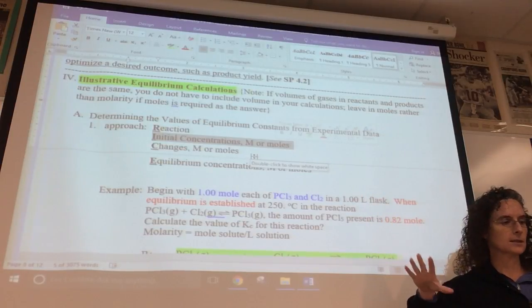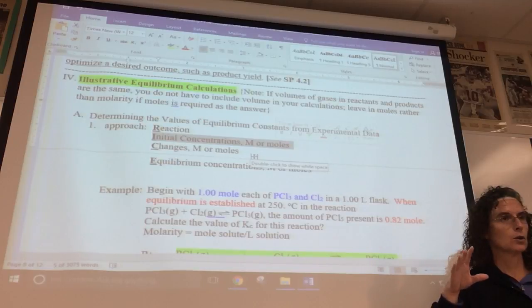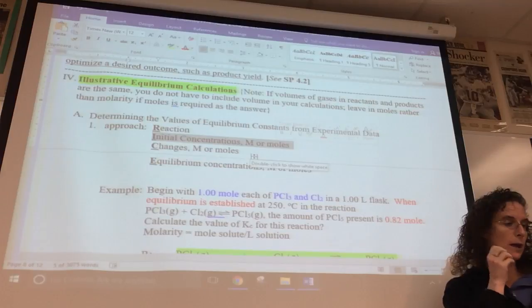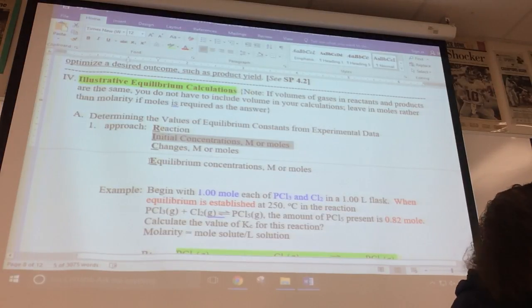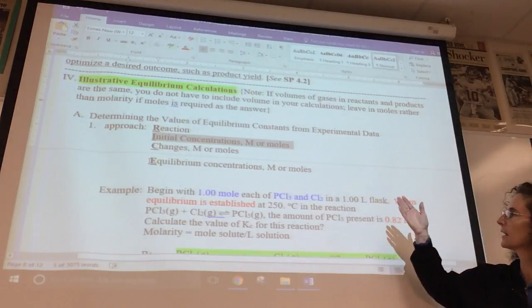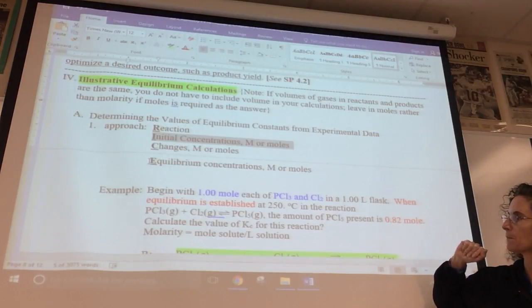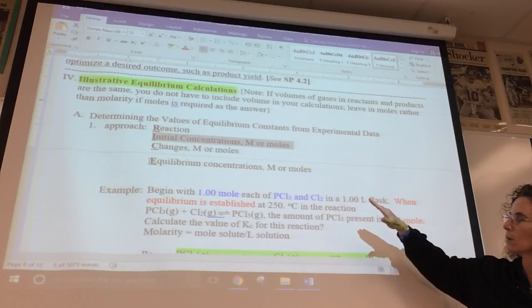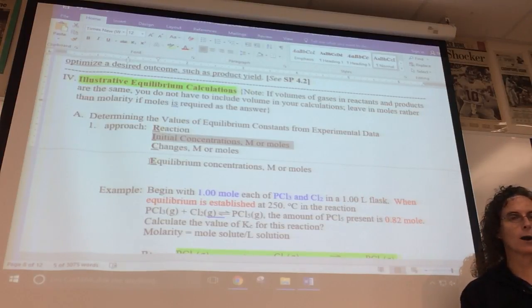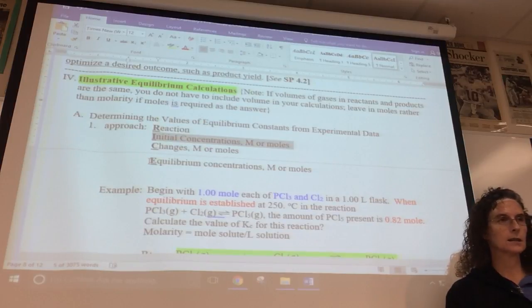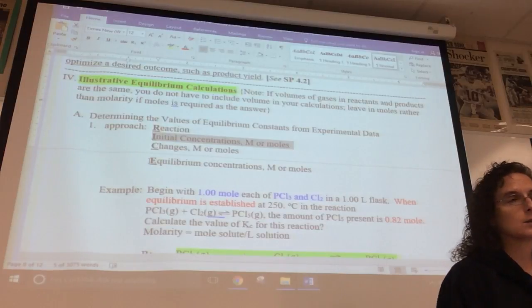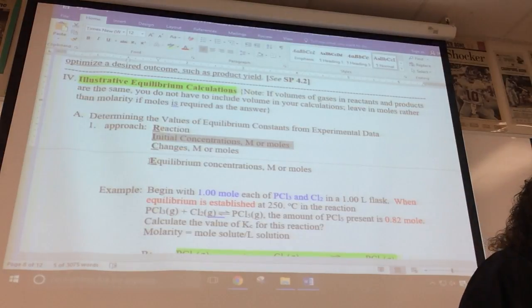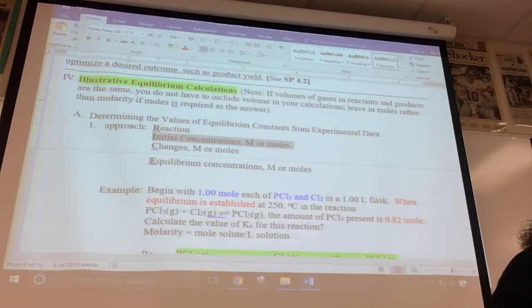These are the changes that the system undergoes to establish equilibrium conditions, molarity or moles, whatever the unit initially, you're going to have to carry through. And then finally, E for equilibrium concentrations. Again, molar or moles. We're going to use this approach for each of the following problems we're going to solve. And it looks like there are a whole lot, but we're going to keep it very simple. And again, some practice goes a long way to understanding this concept.